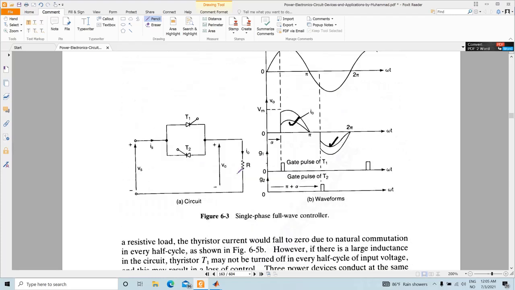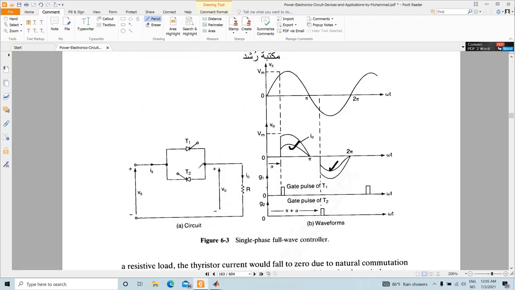Okay, now this particular circuit has a challenge, which is that you have to drive these 2 thyristors from 2 different sources, and the cathodes should be isolated from one another.